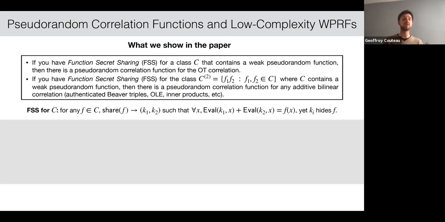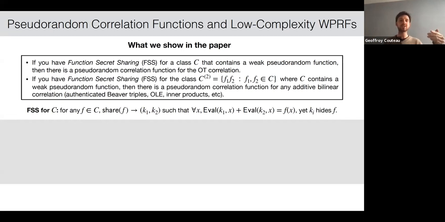It's simply secret sharing for a function. It takes as input a function, shares it into two keys, such that each key hides the function, so it does not leak which function from the class was used. But for any input, any share allows to locally evaluate the function and get a share of the output.